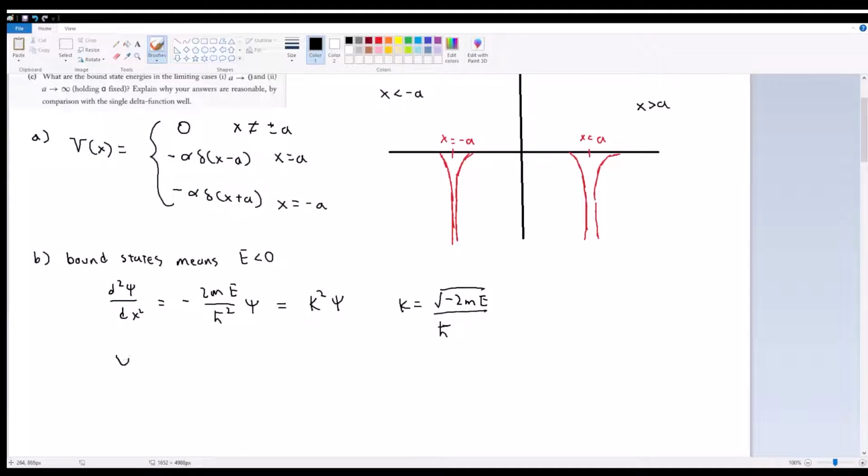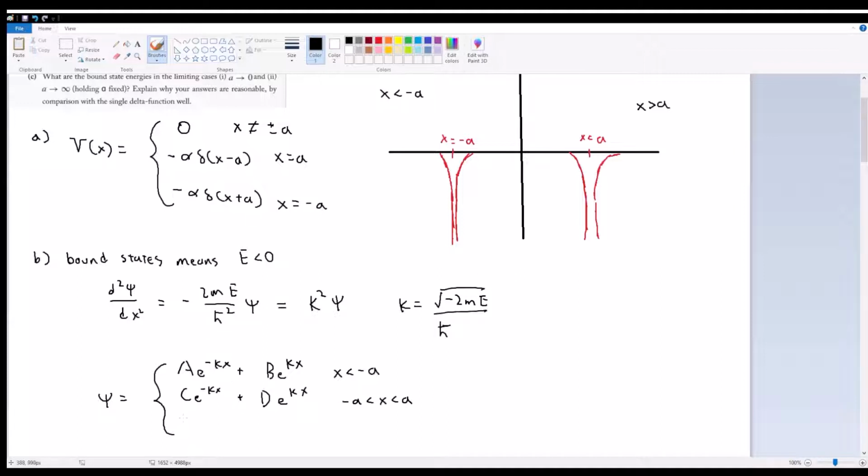So psi, in fact, let's write out the full piecewise function for psi now. Psi is going to equal three different sets of exponential solutions: A e to the negative kx plus B e to the positive kx when x is less than negative a. We have C e to the negative kx plus D e to the kx when x is between negative a and positive a.